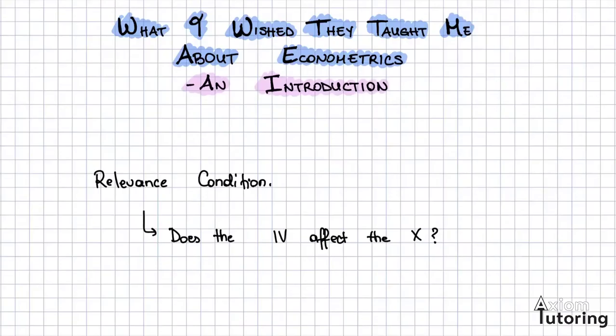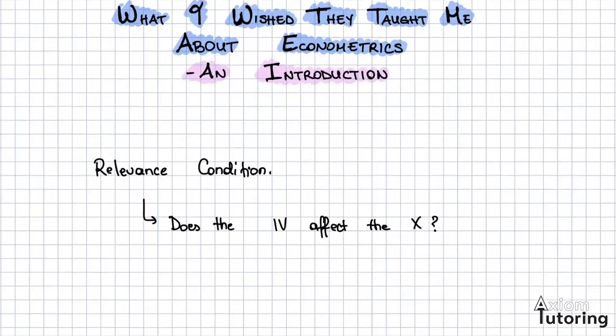Because remember, we were trying to come up with the variable z that was capturing that clean variation in your x. So if you come up with a variable, you have to be able to understand whether this variable affects the x as well, all right?